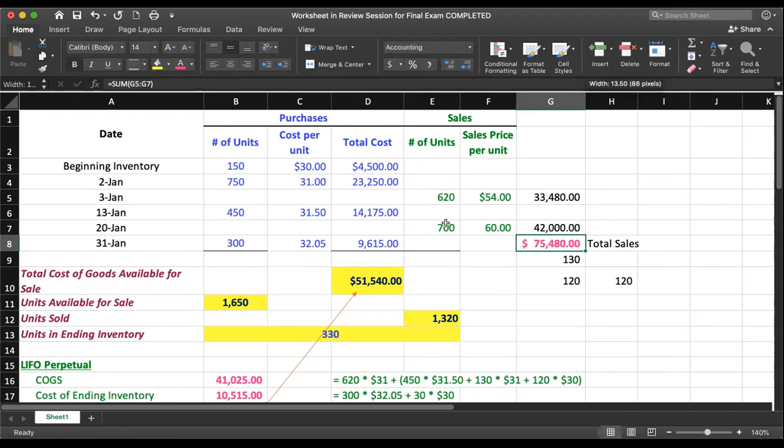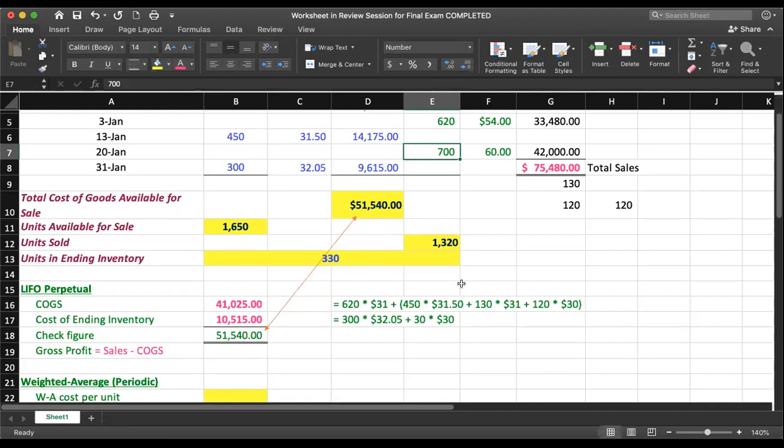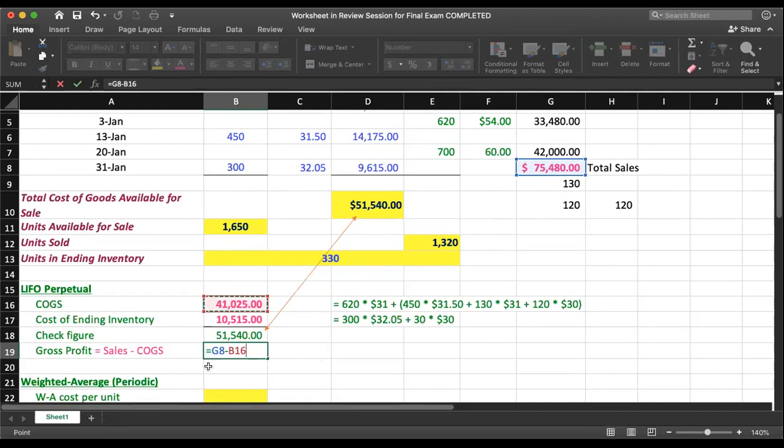So now we can compute our gross profit. Gross profit is the sales, $75,480, minus the cost of goods sold, which we computed up here as $41,025. And that means that the gross profit is $34,455.